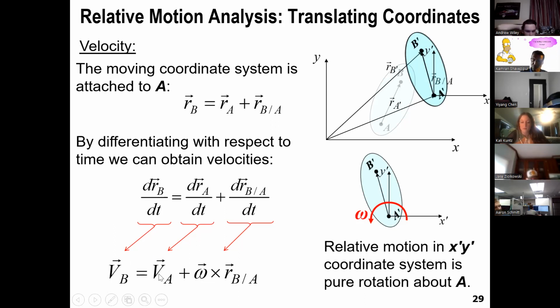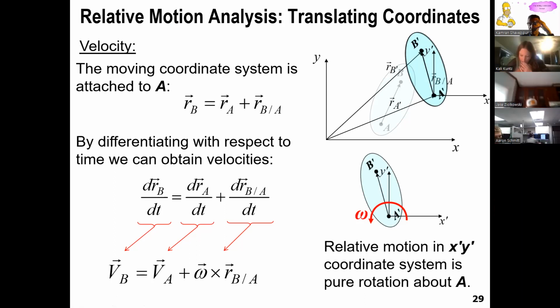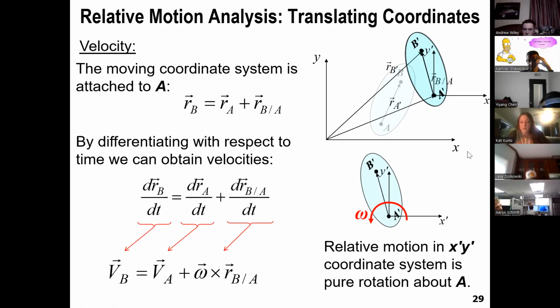Every point has the same velocity. When A is a fixed point and doesn't have velocity, then B is rotation about a fixed point. When both of them exist, you have a combination of translation and rotation. And that is how you can find your velocity equation. Does that make sense? Any question?